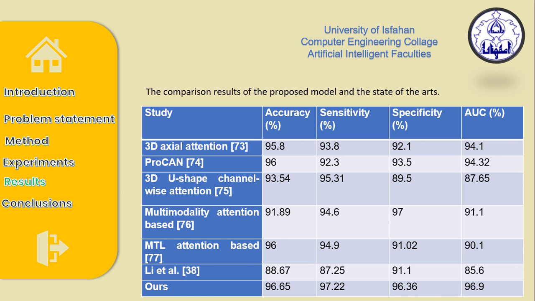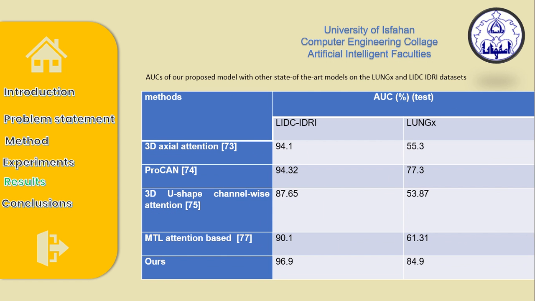These are different types of attention methods: the 3D axial attention, Broken and U-shape, and multimodality, which uses PET and CT. We can see our model obtained the best results in testing here in terms of accuracy, sensitivity, and specificity.